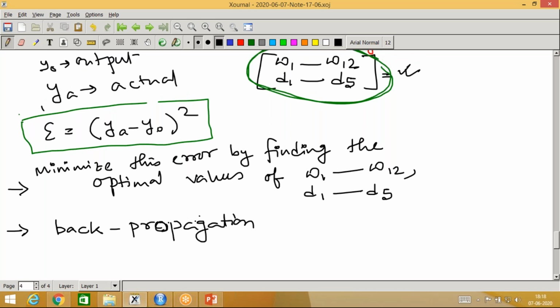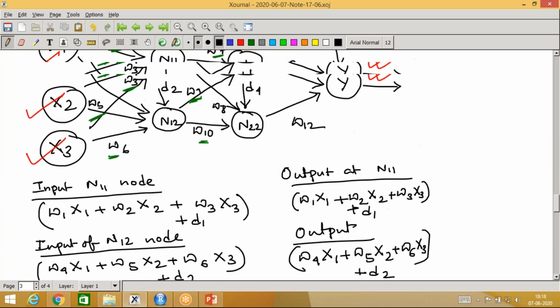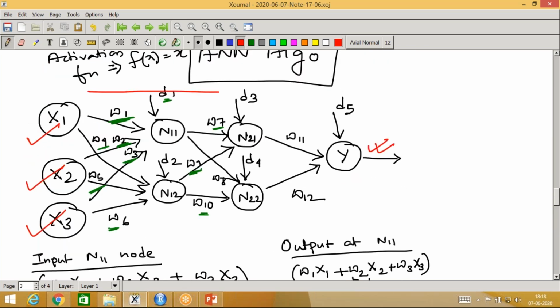So this is the calculation that I have shown. The calculation starts from here and goes towards this direction, right? This calculation method is called feed forward.